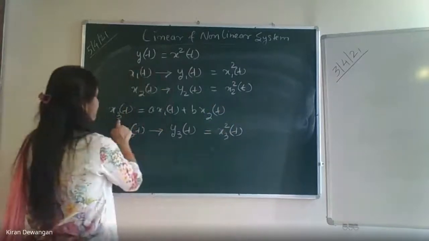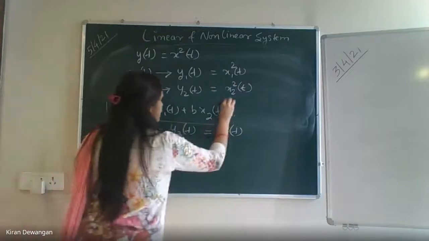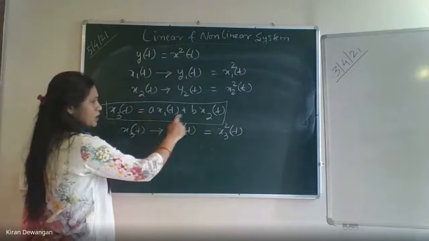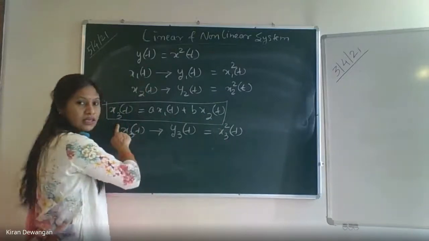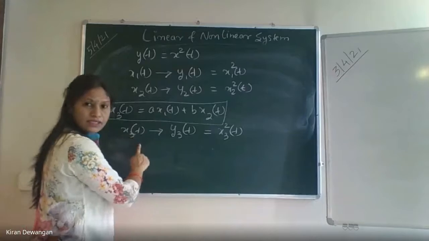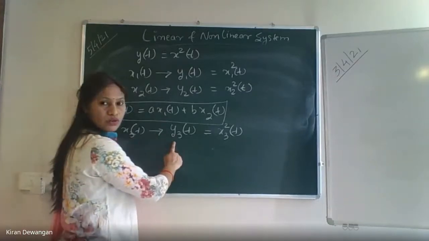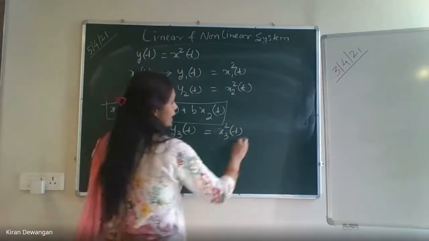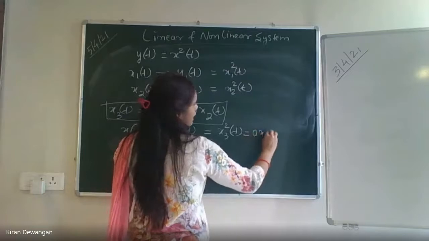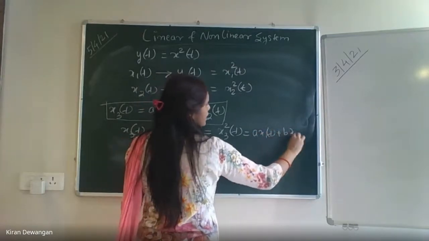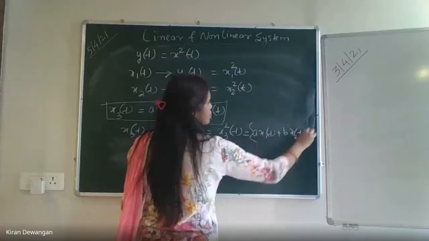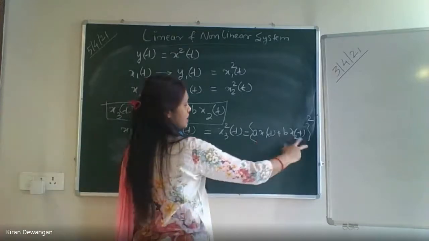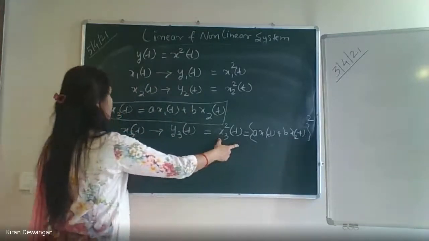Clear? Now if I take the combination of x1t and x2t as an input, that is a x1t plus b x2t as my x3, then if I am applying x3 as an input, this will produce an output y3t, and y3t equals x3t squared, and this is going to be a x1t plus b x2t the whole square, because x3t is this one.